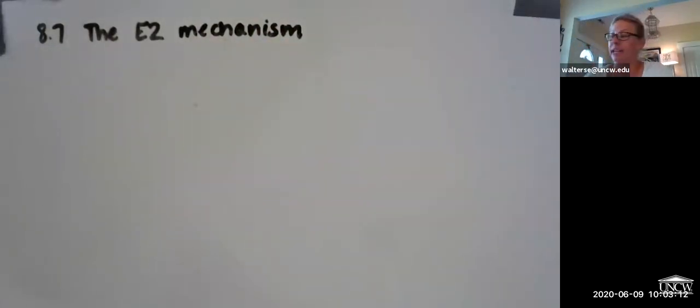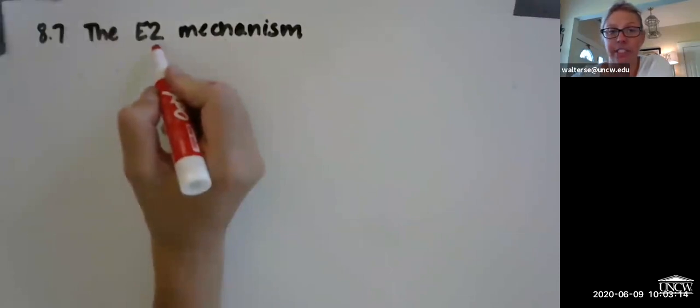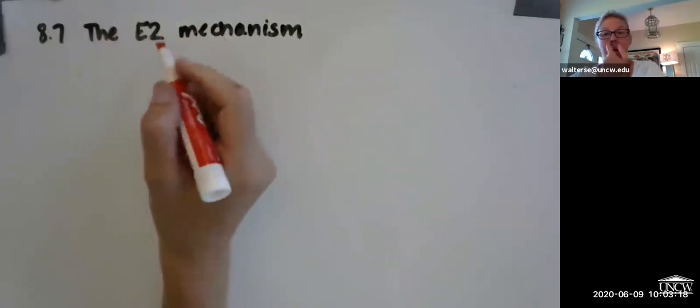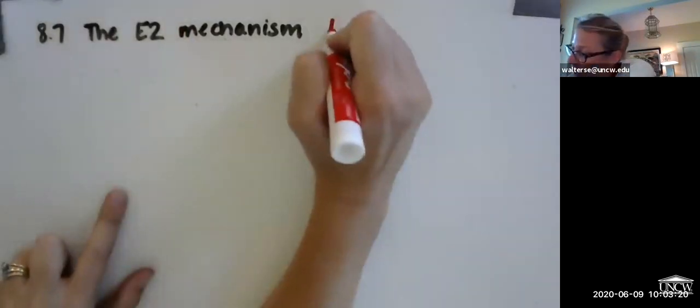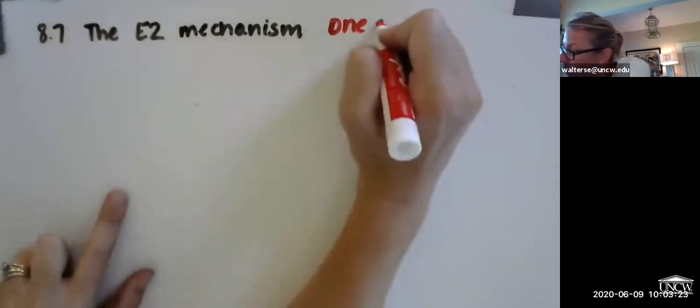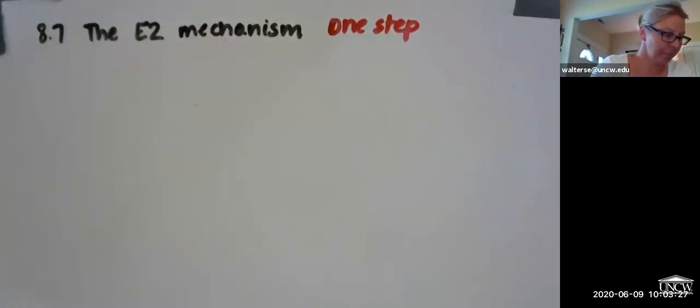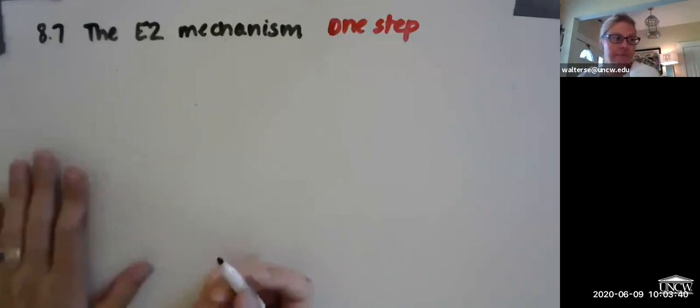Remember the E2 mechanism, this is molecularity, so it's a bimolecular reaction which requires a collision occurring in one step. Until we identify bases, I'm just going to write this in a very simple way, and then we'll go into a little bit more detail.